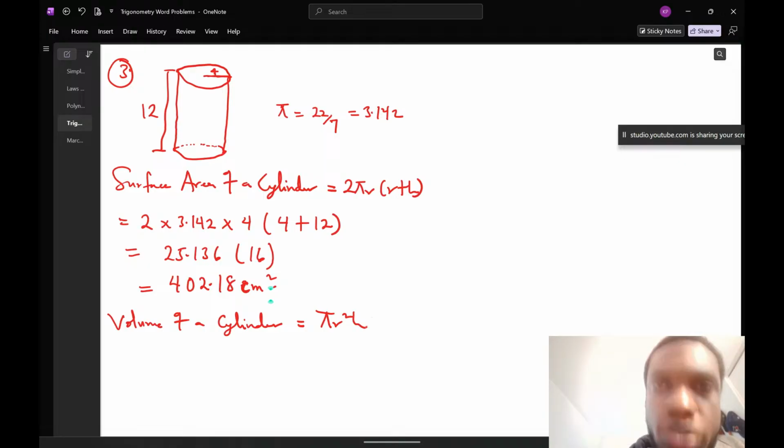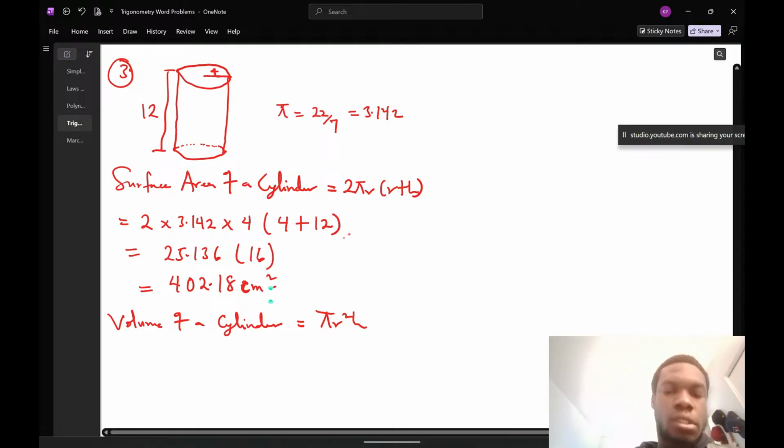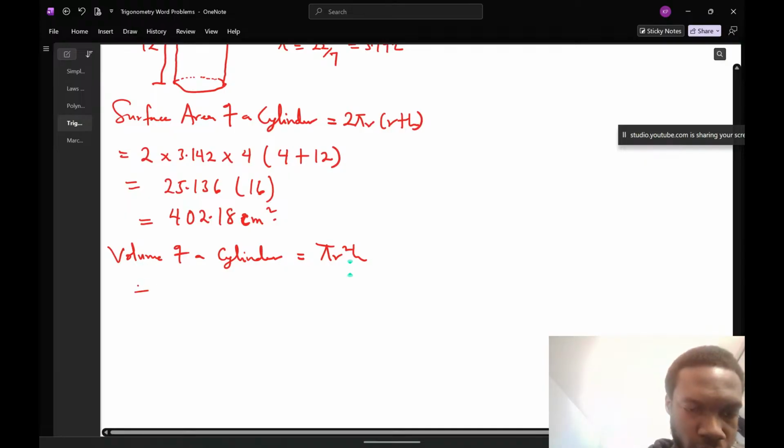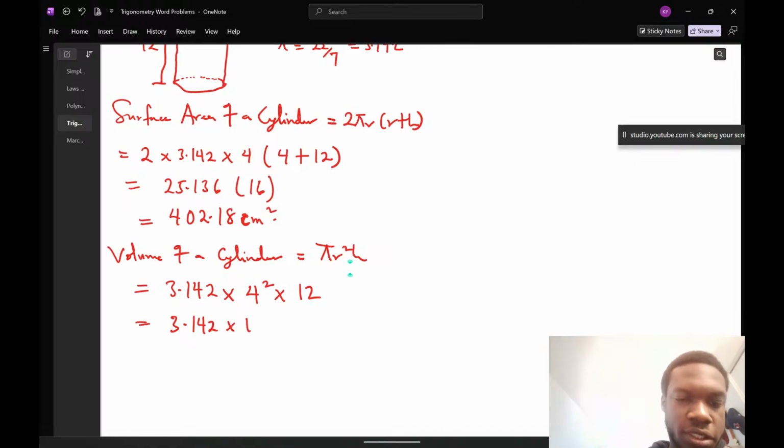So that will be equal to 3.142 times the radius, 4, squared, times 12. 4 times 4 is 16, times 12, times 3.142.